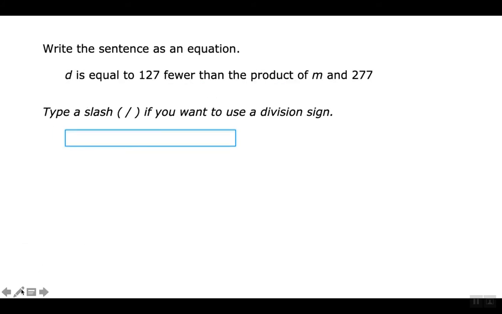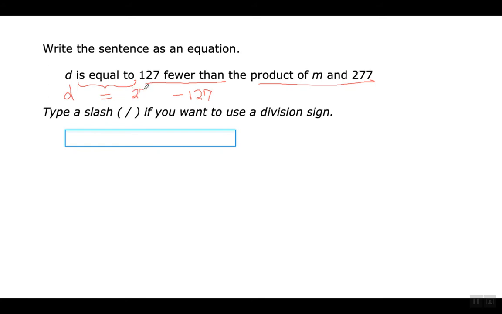Okay, D. I put a lot of examples, but I'm going through them really quickly. I'll be done soon, trust me, even though there's a lot of examples. D is equal to. D es igual a 127 fewer than, so 127 menos que, se escribe así. The product of M and 277. El producto de M y 277.